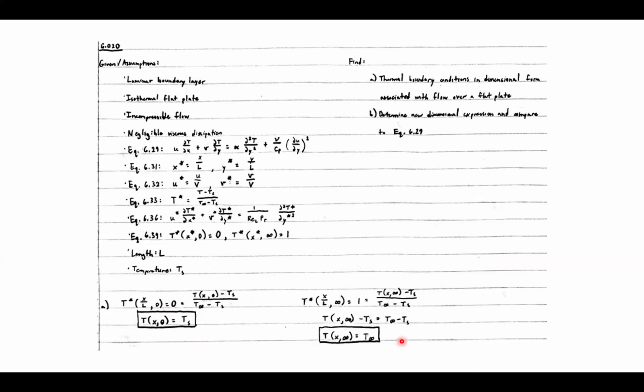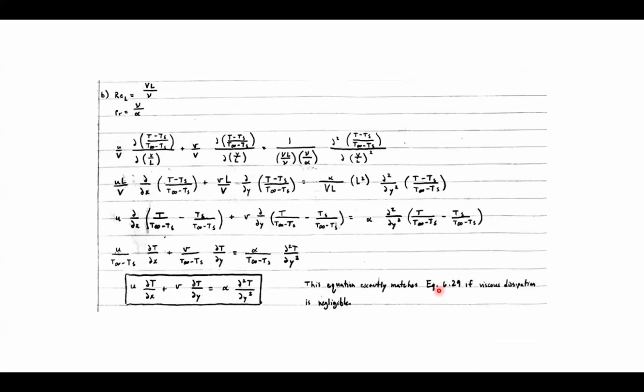For the second boundary condition, we can simplify in a similar fashion, bring the denominator over to the other side, and then isolate this temperature function. And we get that the temperature is equal to the ambient temperature at y equals infinity and any x.